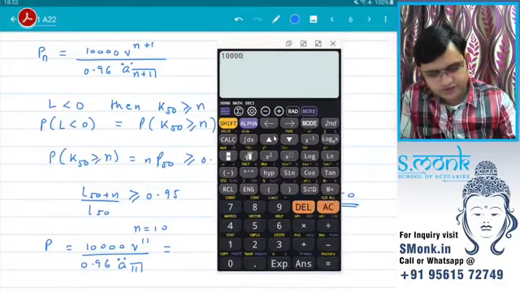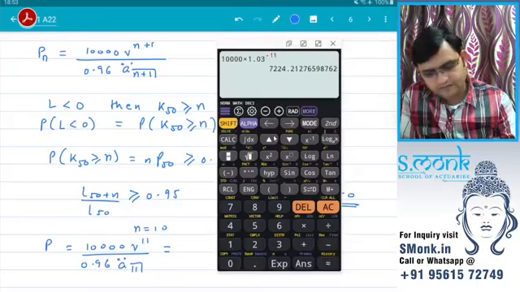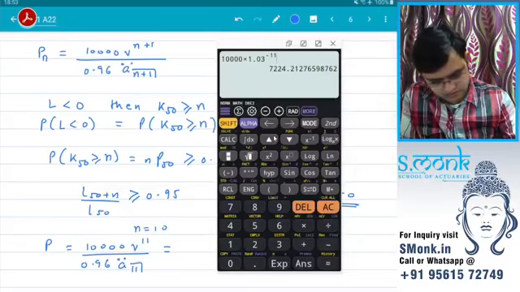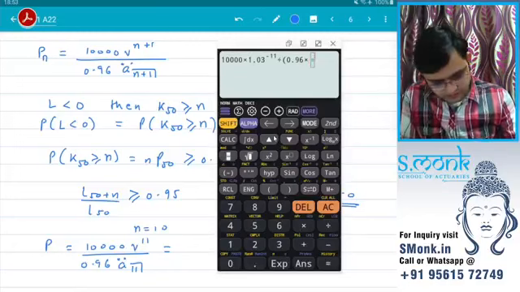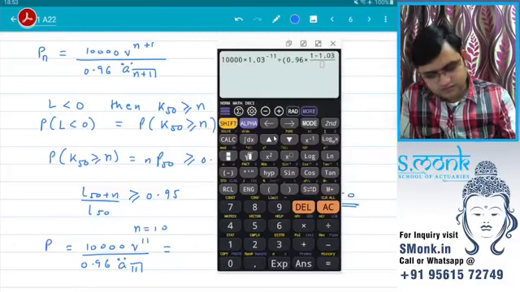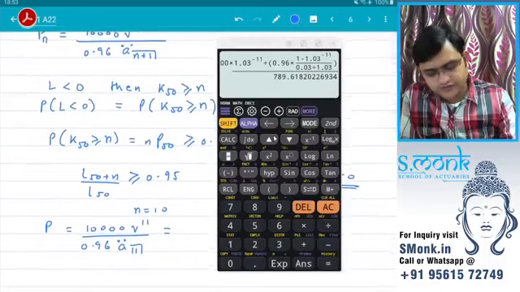So 10,000 into 1.03 raised to minus 11, divided by 0.96 into A due 11. So this is the premium that we should charge.